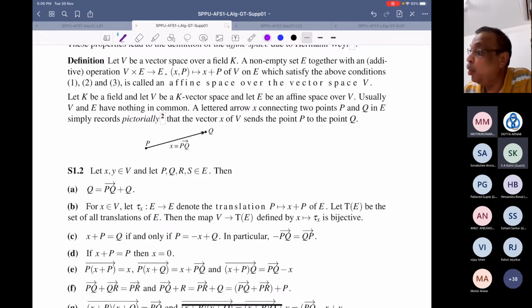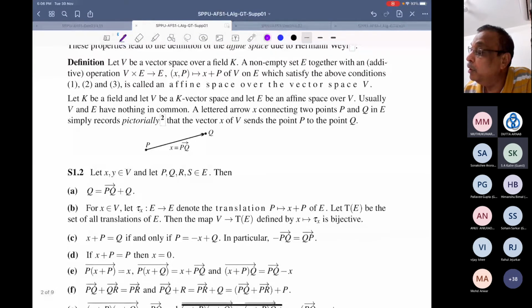So additive operation, that's what it means. So it should be a map from V cross E to E. What is that map? X comma P goes to X plus P. And this satisfies obviously 1, 2, 3 properties.